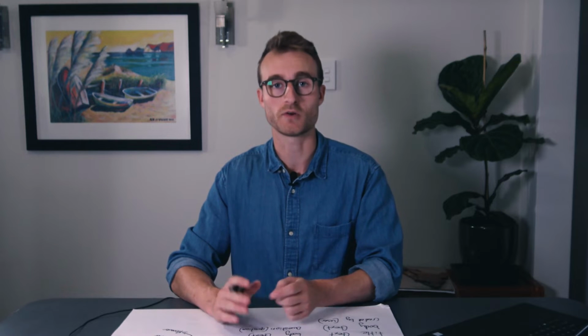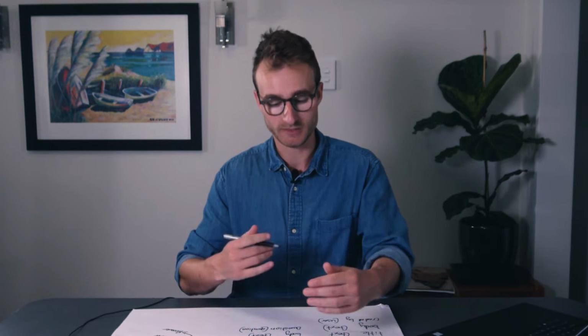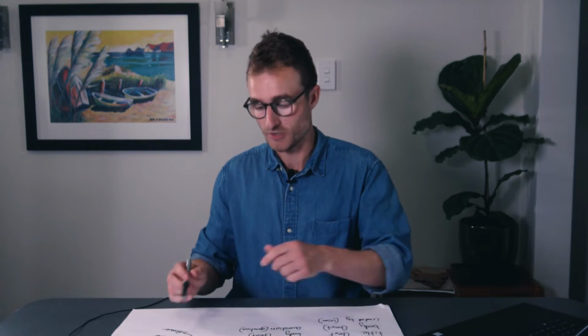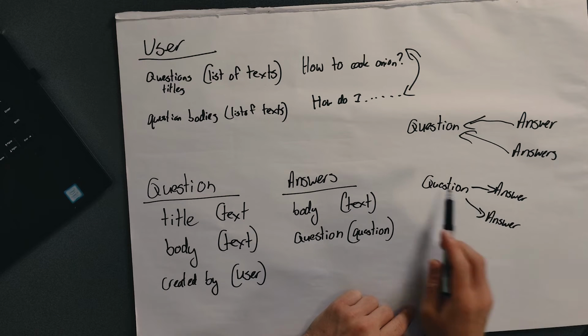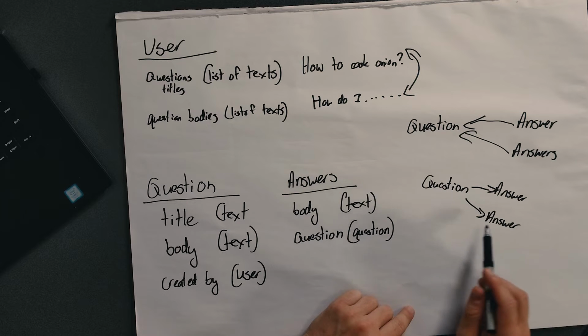When answering this question, you have to think about how long that list is going to get. Okay, for lists that have a predictably finite length, you want to go for the one-to-many link, the parent to the child connection.